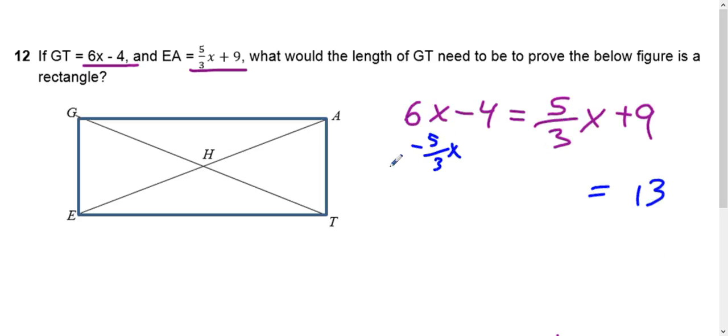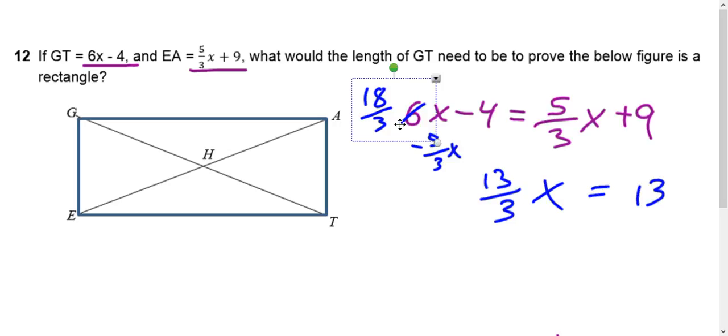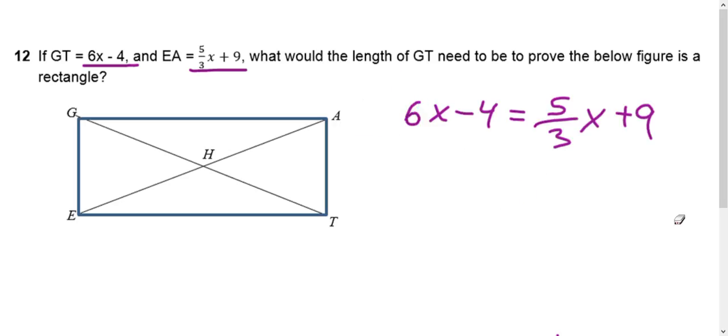And that will get us, we need a common denominator. So change the 6 to 18/3. We have 18/3 minus 5/3. That's 13/3. Or, if you don't like fractions, which many people don't, we can get rid of fractions right away.